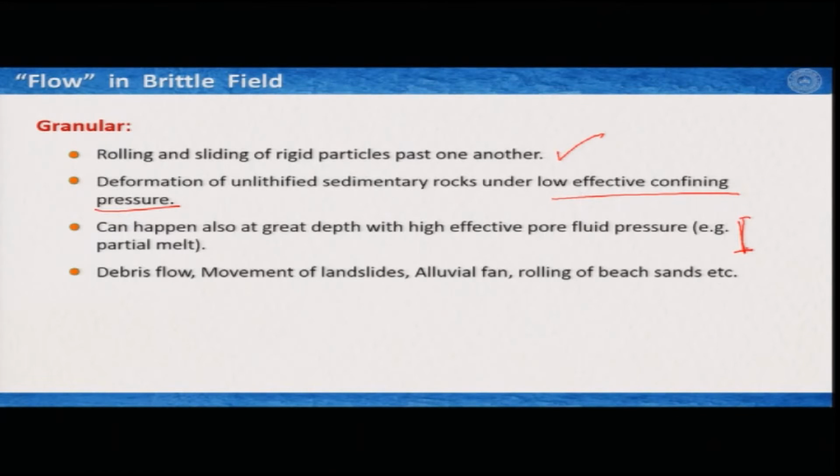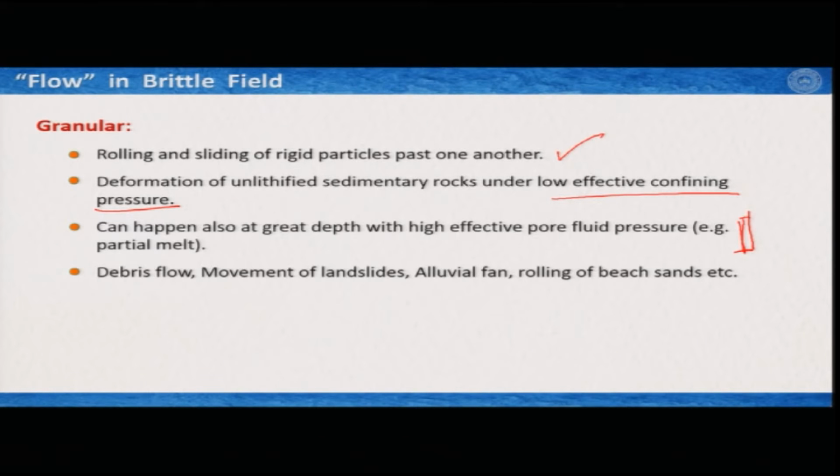So you can consider this as a very low effective confining pressure, and that can happen when you have a rock with partially molten features. But these are very rare, and we will not explore this particular feature in this lecture.